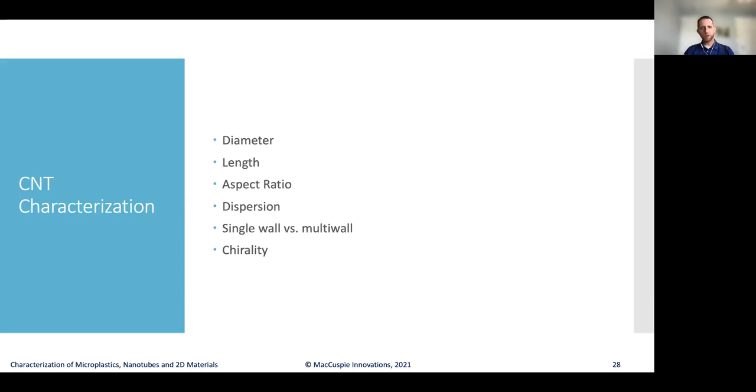Some of the properties that are of interest, of course, are the diameter, their length, correspondingly the aspect ratio, the degree of dispersion of the tubes, if they might be single wall versus multi-wall, and also understanding about their chirality.